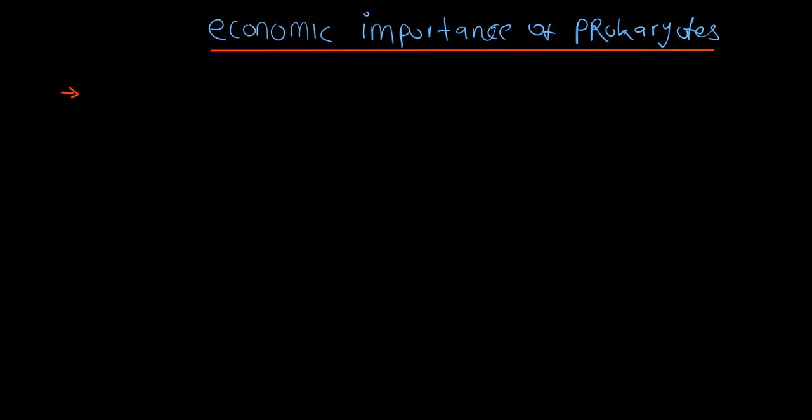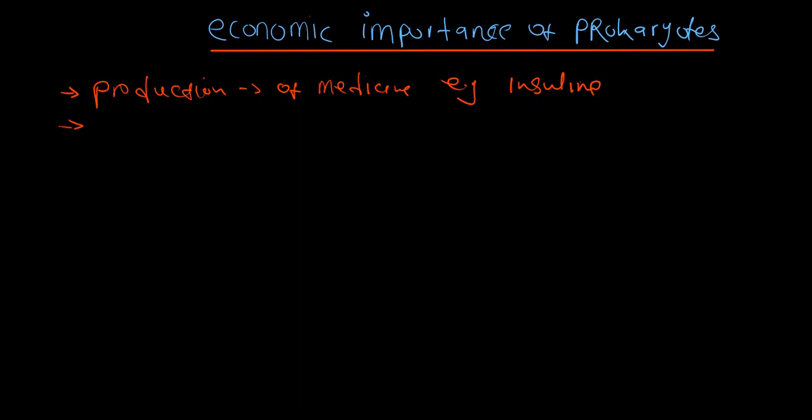So production of medicine: we use bacteria to make medicine, e.g. insulin, a well-known hormone.